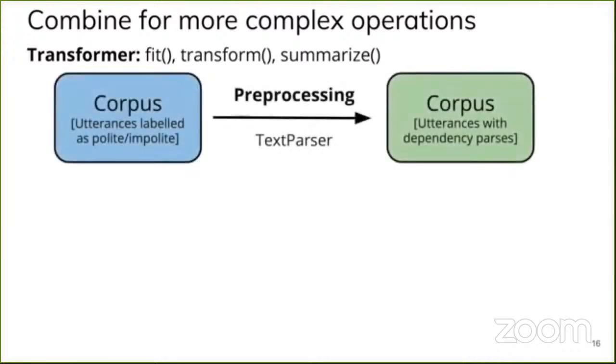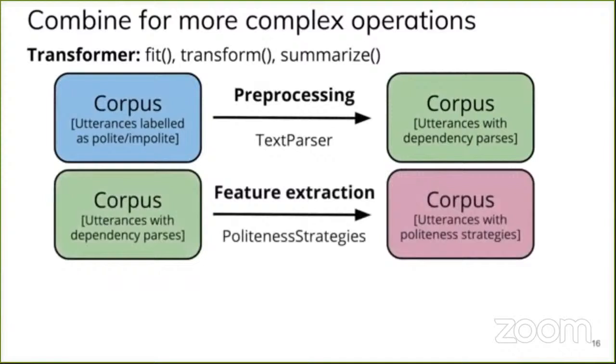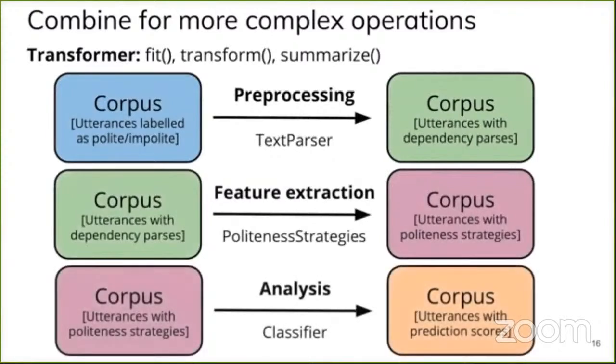And because each of these transformers have a fit transform paradigm, you can combine them in sequence for more complex operations. And so using the examples we just described, you could set up a pre-processing, feature extraction, and analysis pipeline very easily simply by chaining these transformers together. And we even have a Convokit pipeline class to facilitate such pipeline analysis.